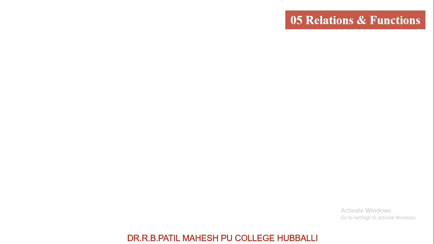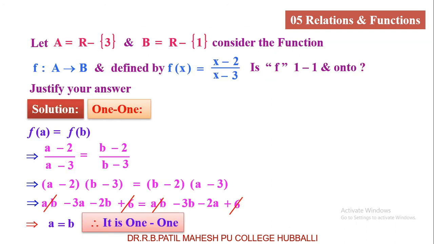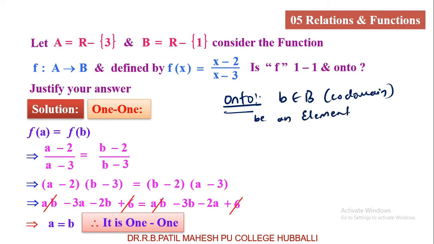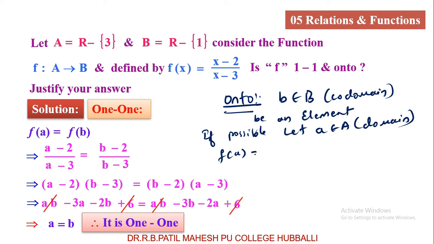The function is one-one. Students, now for onto, I have to take it as an onto function. Look at the way: b belongs to capital B, that is the codomain. Let b be an element, like in the previous example. If possible, let me take a belonging to capital A, that is in the domain, such that f(a) = b, exactly like previous examples.